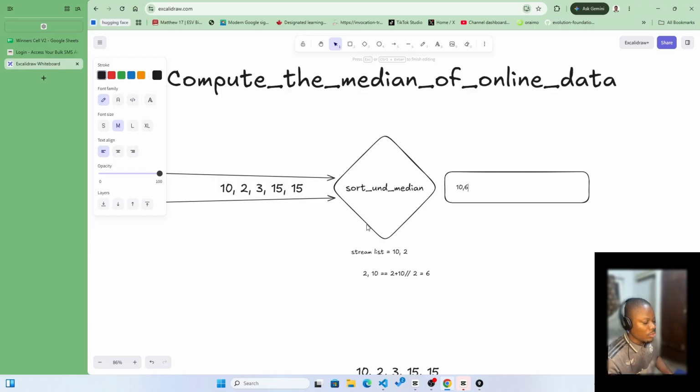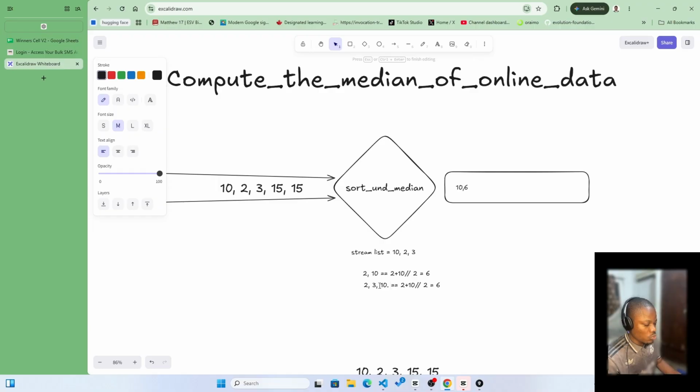Now 3 comes into the fold. First off, it hits the stream list as usual, and we update that here to include 3. Then it gets sorted.